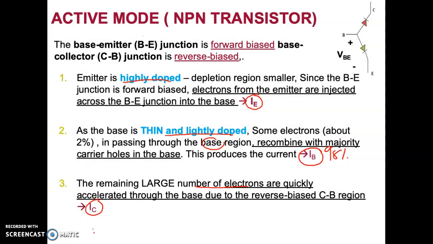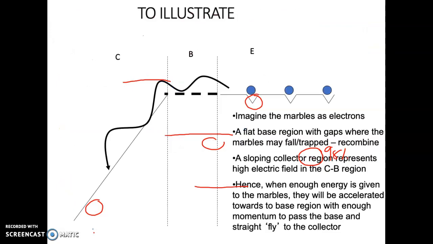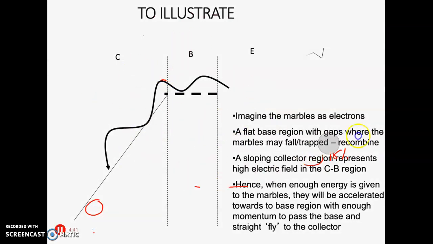Okay, so now let's go through the analogy. In this analogy, at first, your emitter is forward biased. At forward bias, the potential must be much larger than your VBE. We can equate your VBE here like your turn on voltage, meaning V gamma.